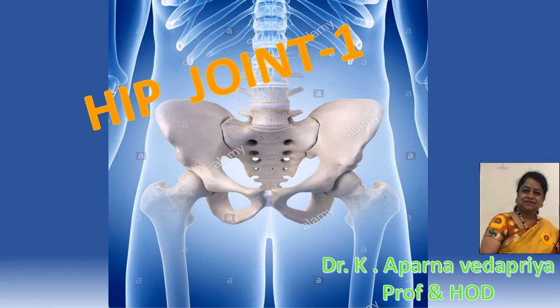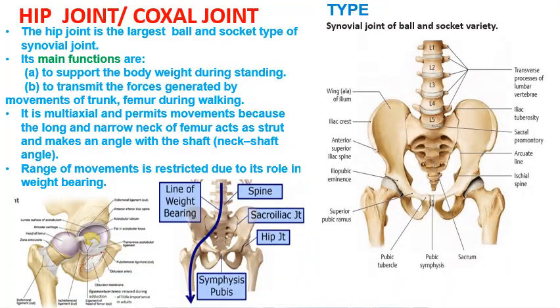So today in this topic we are going to see the hip joint in detail. The hip joint is also called the coxal joint. These are the hip bones, and this is the femur.